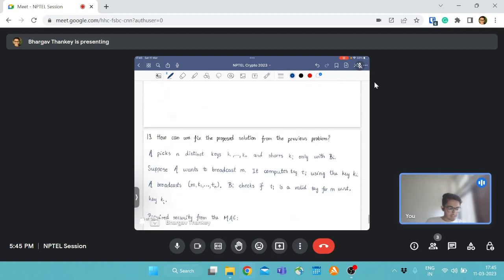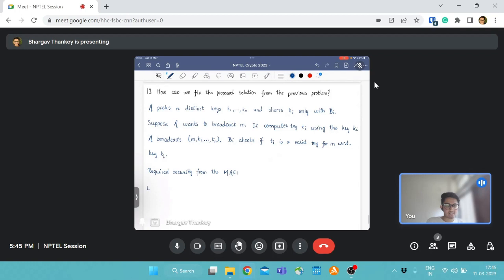If we didn't give all of these tags, then A would have to compute M comma T1 and send it to B1, another message M comma T2 to B2, and so on, right? We are doing this because it wants to send just one big message to everyone. Okay.